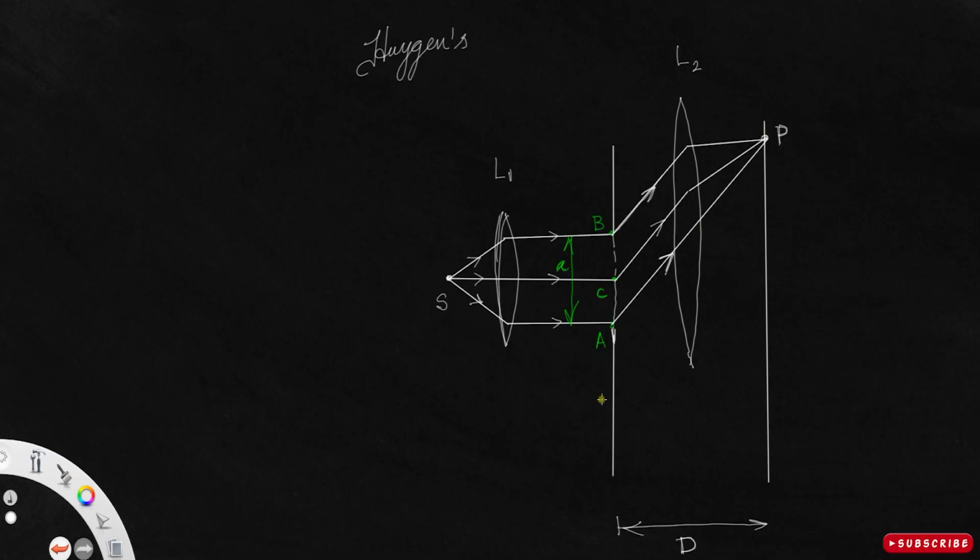In order to find the path difference, let me draw a perpendicular from the point B, perpendicular to the direction of these rays, so that this will be 90 degrees. So the path difference between BP and AP is this length. Let me mark that as AE. So the path difference here is actually AE.